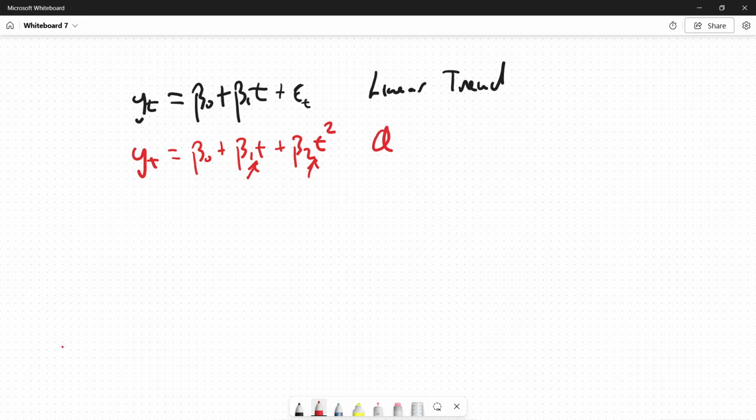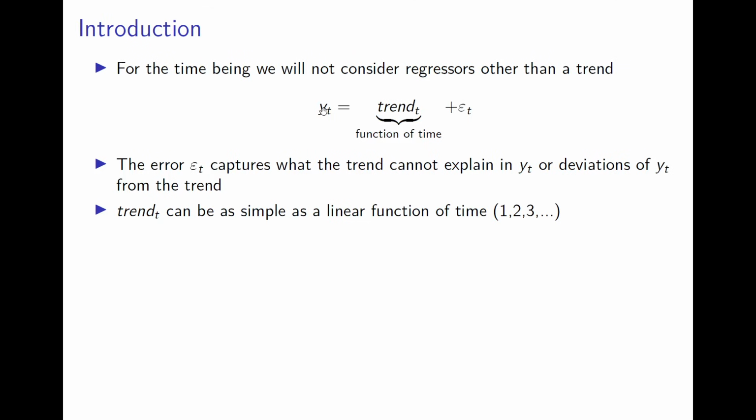We'd call this a quadratic trend. Fair enough. But in every case, when we talk about deterministic trends, y_t is going to be some function of time that has a time index baked into it somewhere, and then the error term.